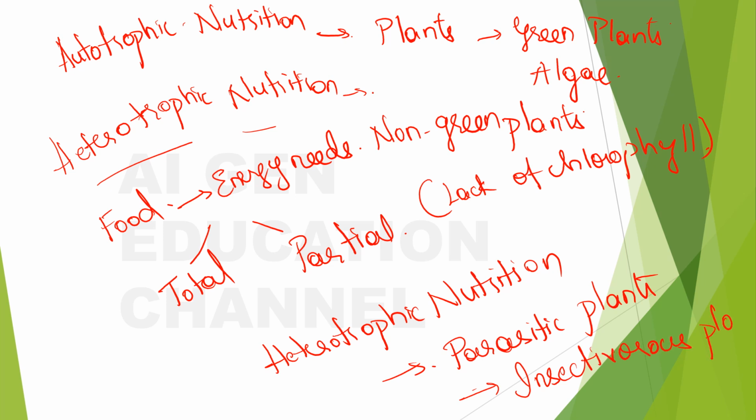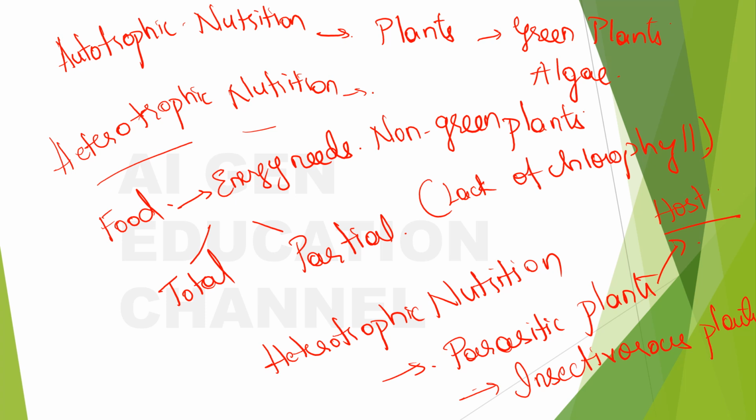Parasitic plants live on or in the body of another living organism, and that other living organism is called the host. These parasitic plants derive their energy from the host, and as I mentioned, this can be either total dependence or partial dependence.